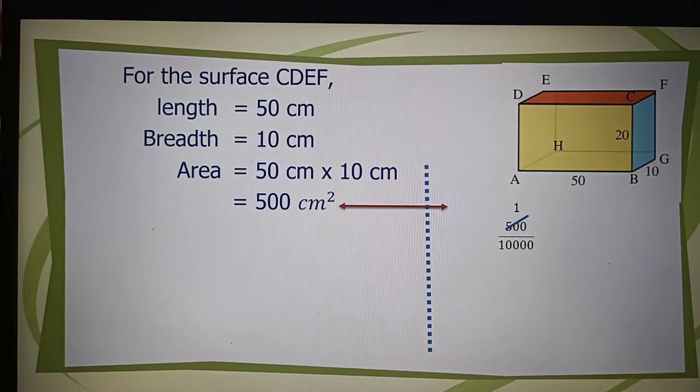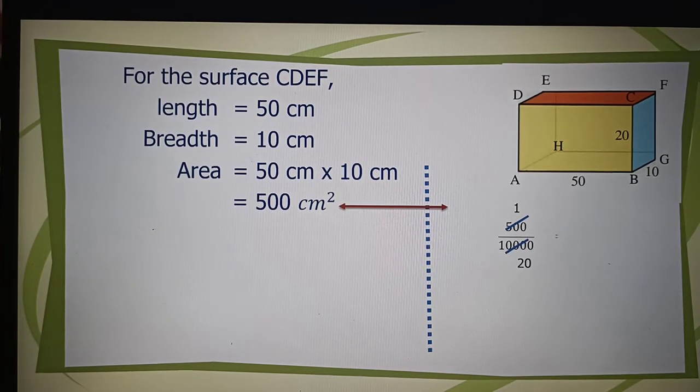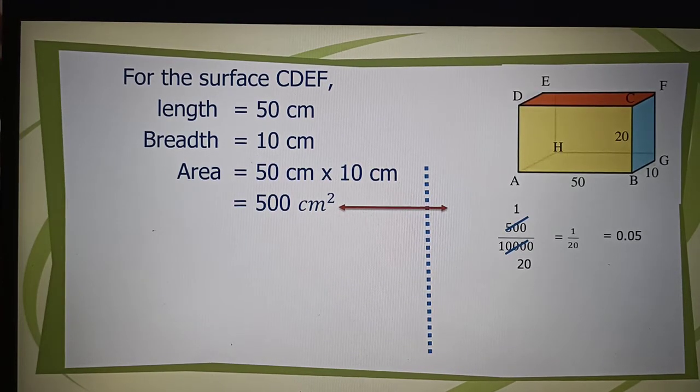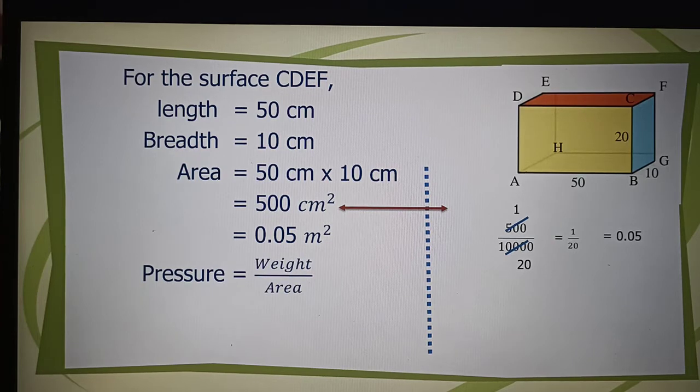So how many times 500 in 10,000? 20 times are there. So that is 1 upon 20. So when we are dividing 1 upon 20, we got the answer 0.05. So the answer is 0.05 meter square.